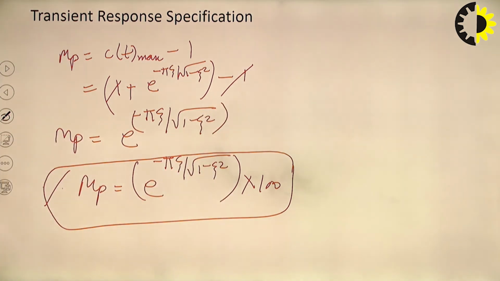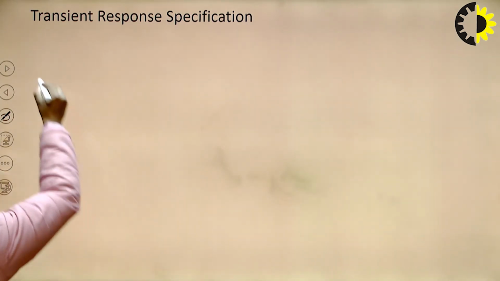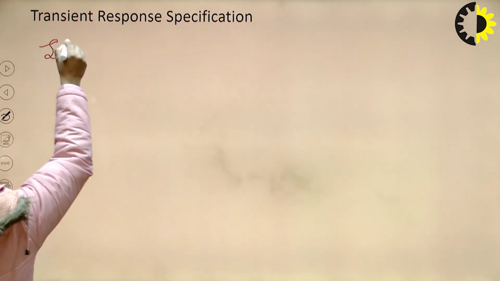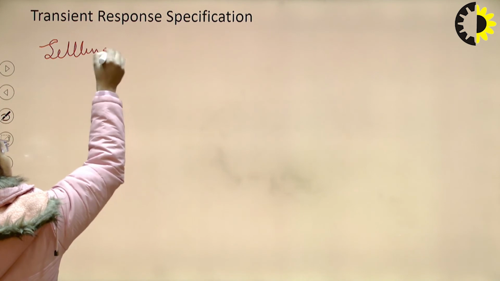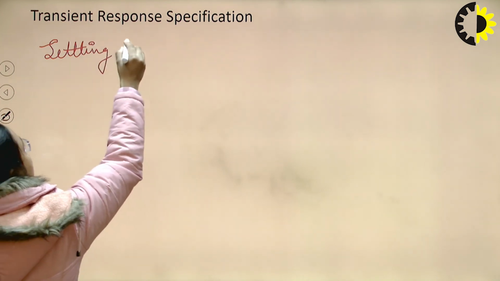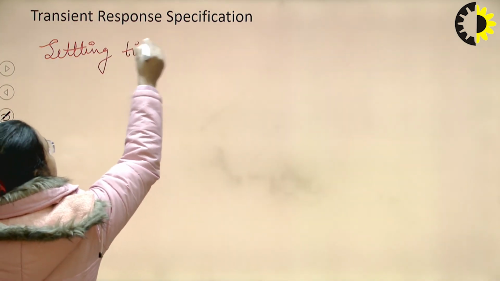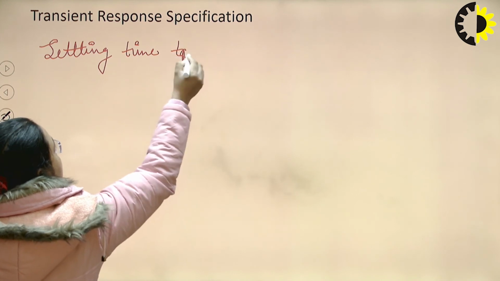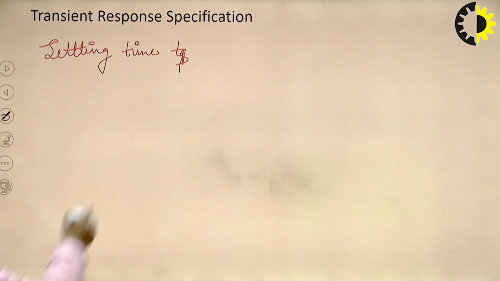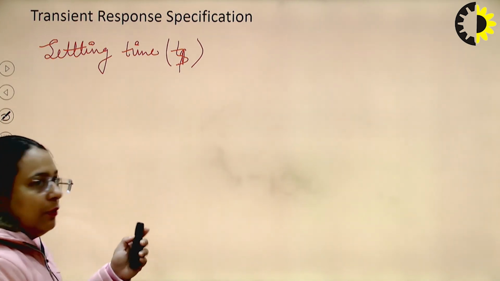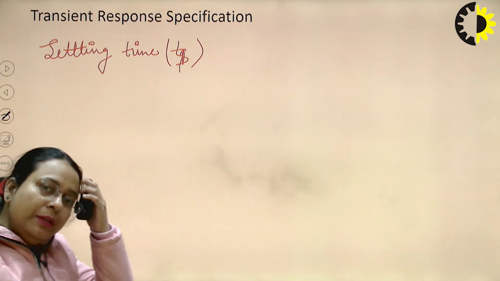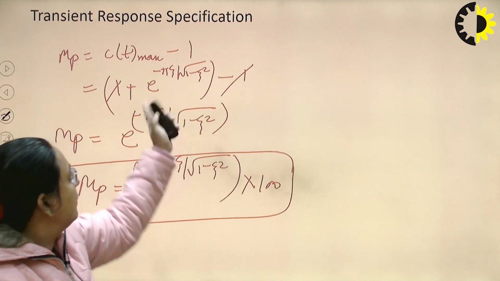Now the last specification is the settling time. It is represented by Ts, okay. Here also, we can plot the graph between MP and zeta from this expression.